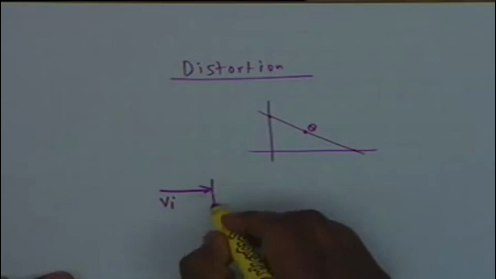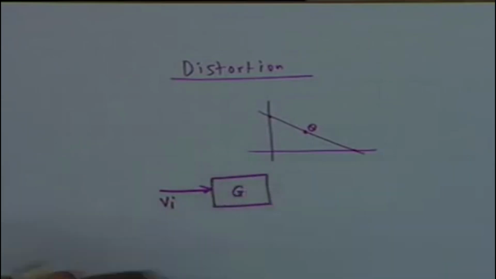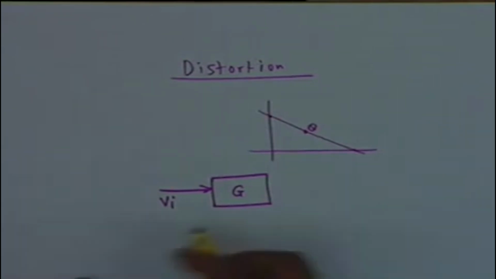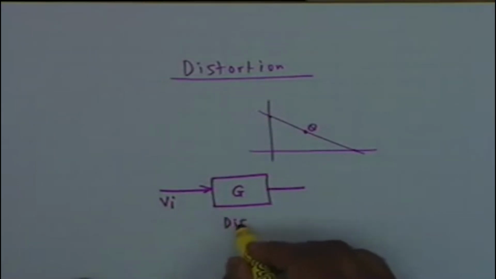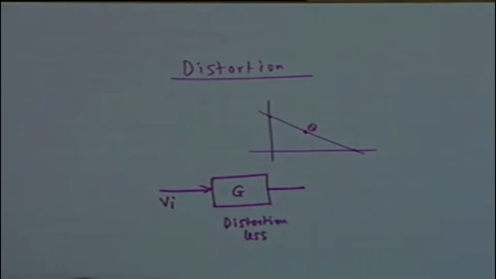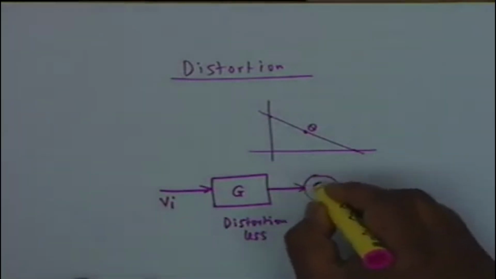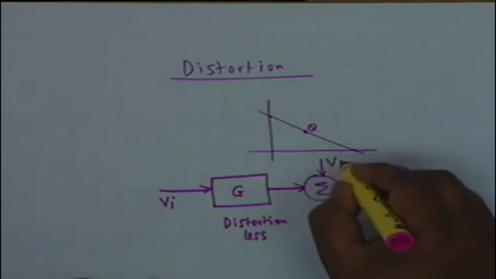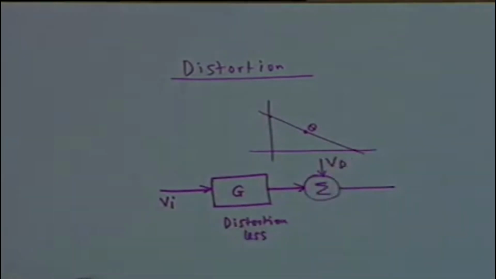Now, if I have an amplifier with distortion, I can represent it by an equivalent block diagram like this. We can represent a large signal amplifier, or an amplifier which produces distortion, as one having distortionless, that is linear, amplification, and then the distortion component we can simply model as a distortion voltage Vd added to the perfect amplifier. All right, is that clear?